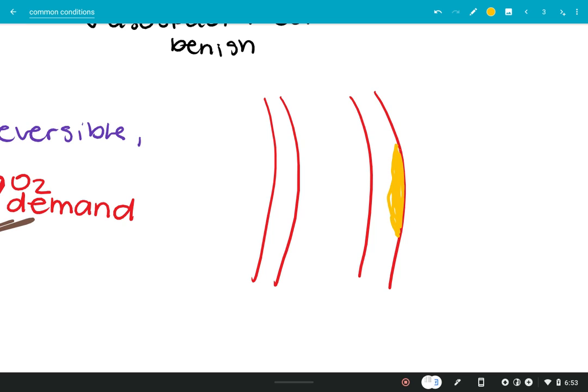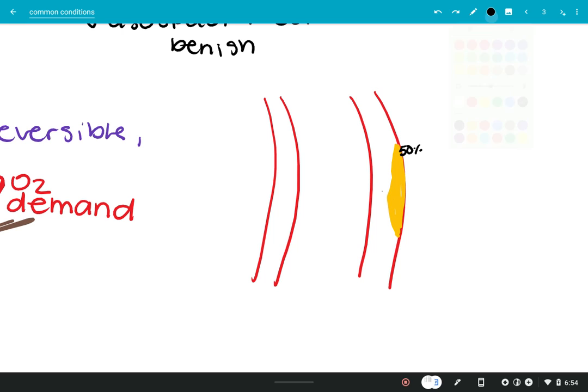So this is kind of how they grade occlusions. So this one's kind of like a 50% occlusion, because it takes up half of that vessel. So this is pretty occluded.